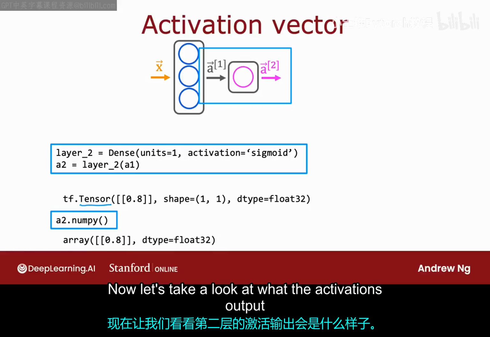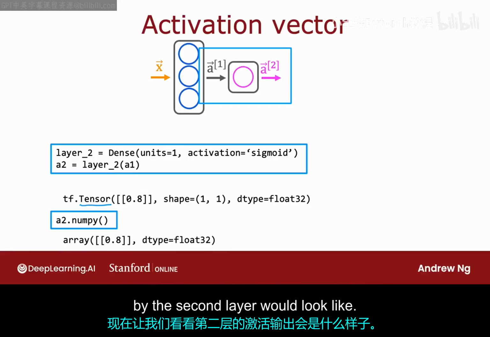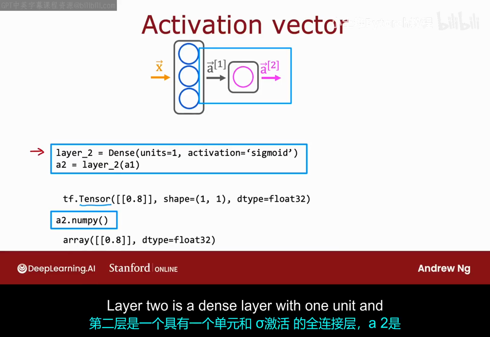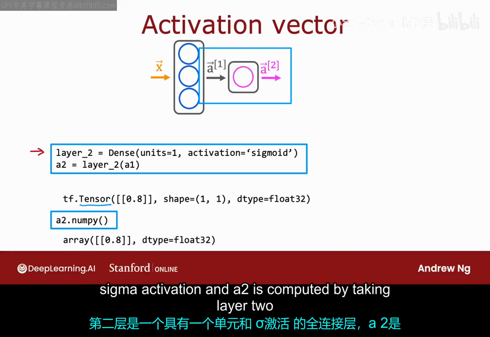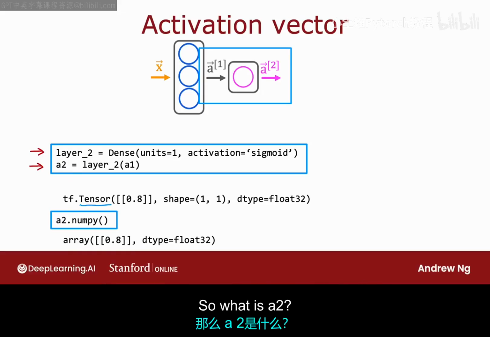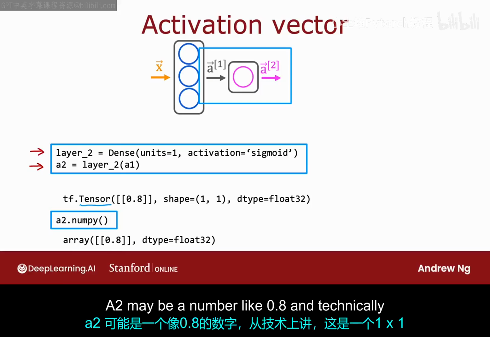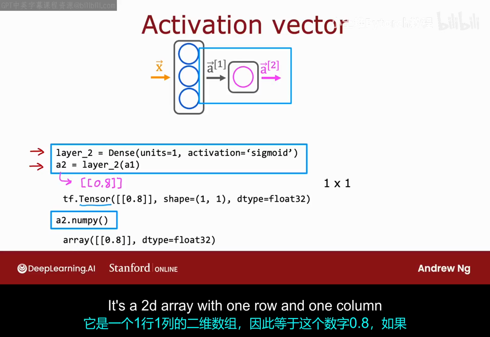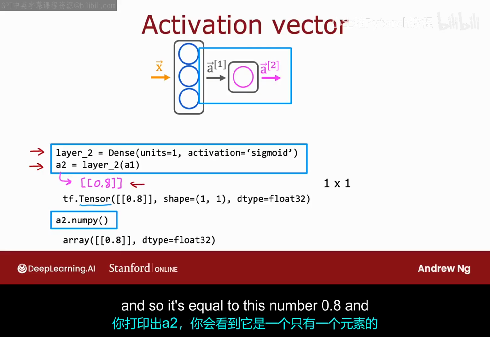Now let's take a look at what the activations output by the second layer would look like. Here's the code that we had from before. Layer 2 is a dense layer with 1 unit and sigmoid activation, and A2 is computed by taking layer 2 and applying it to A1. So what is A2? A2 may be a number like 0.8, and technically this is a 1 by 1 matrix. It's a 2D array with 1 row and 1 column, and so it's equal to this number 0.8.